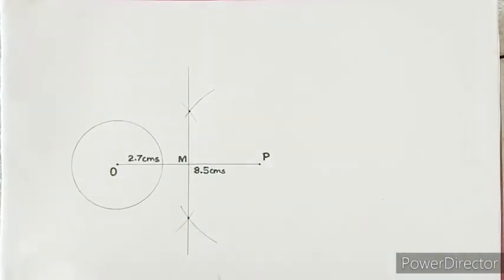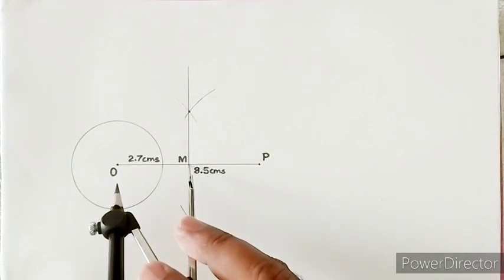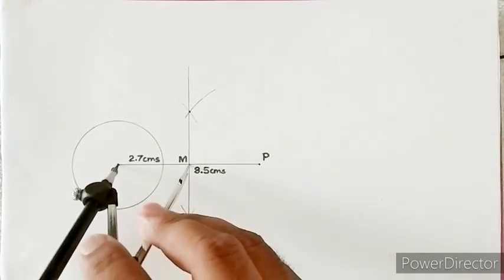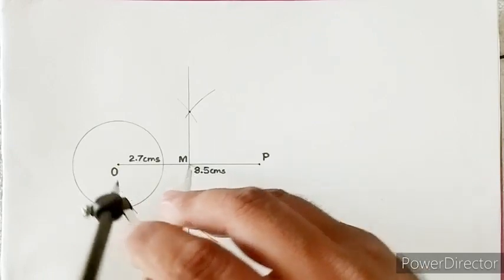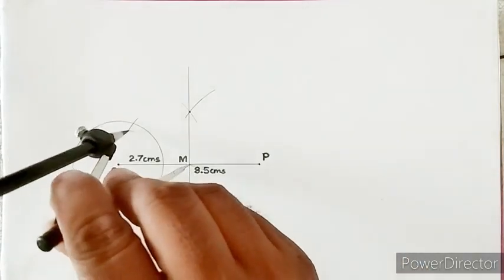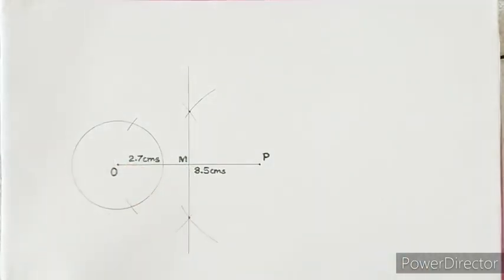Now we'll take our compass and taking MO as the radius we will cut this circle at 2 points. The name of the tangents given in our question is PS and PT.